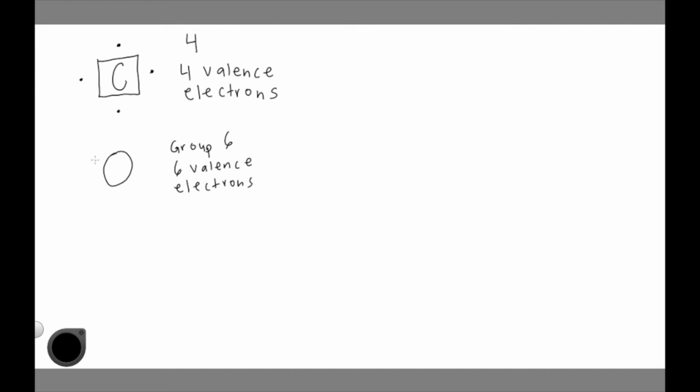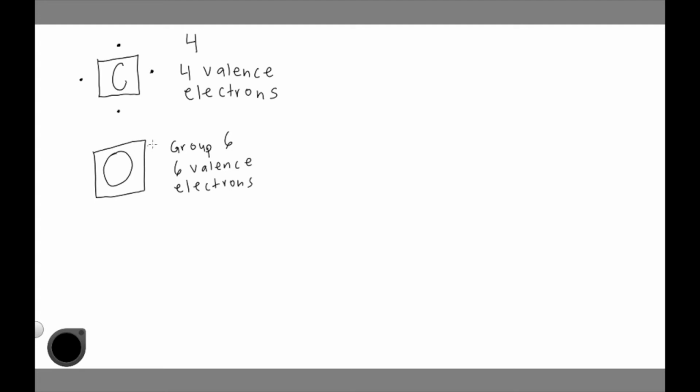So let's draw our imaginary box. Normally you wouldn't draw this box when drawing the Lewis structure or the Lewis dot structure for atoms, but in this case we're just using this imaginary box to give us a framework for placing the electrons around the atom. It just makes it easier.